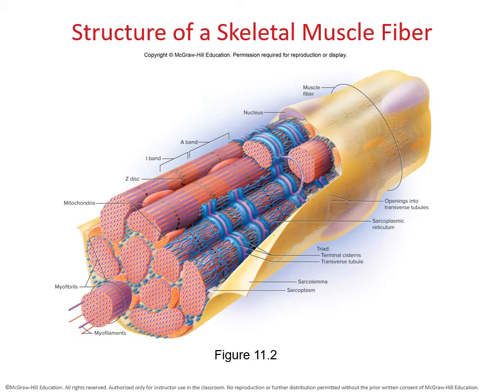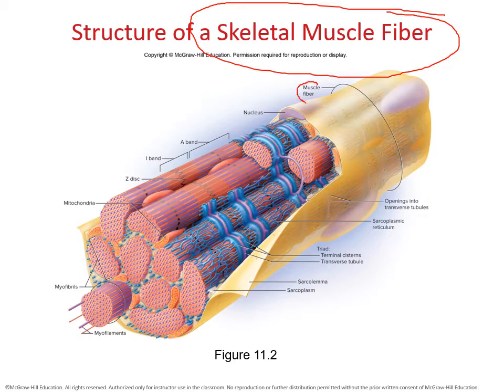Here is another look at the skeletal muscle fiber. So now we're looking at our individual muscle cell, and as you can see right here, separated. Within the muscle fiber itself, there are lots of bundles as well as smaller entities that we need to look at.